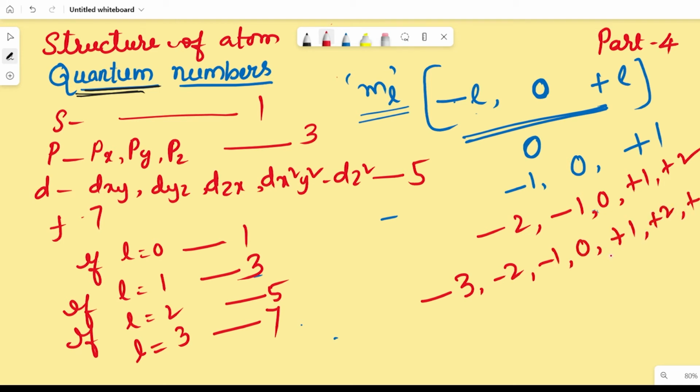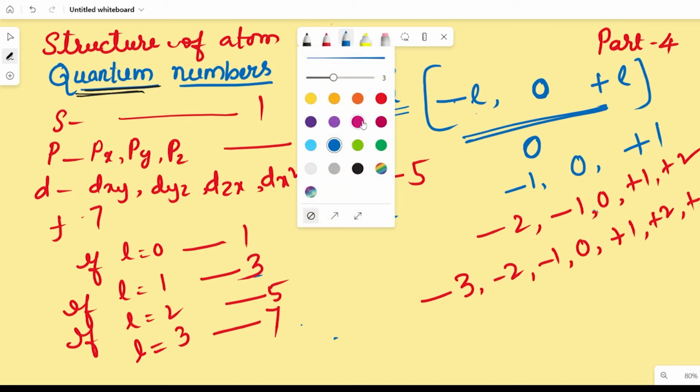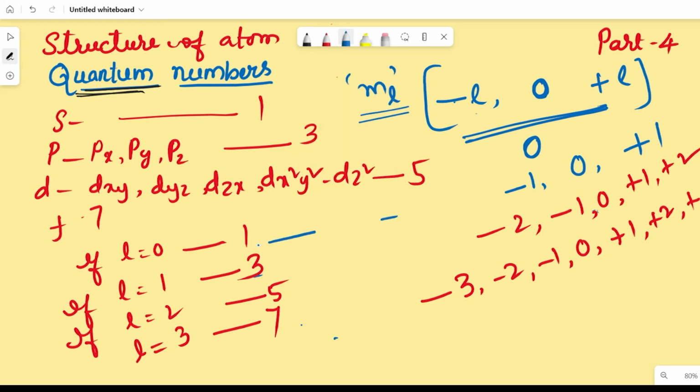Are you following or not? See here, I will explain. If l is equal to 0, that is the s orbital, where the value is only 1, and that value is 0.